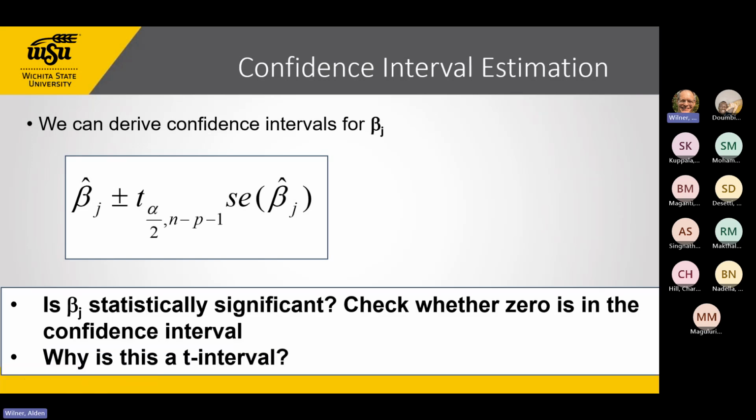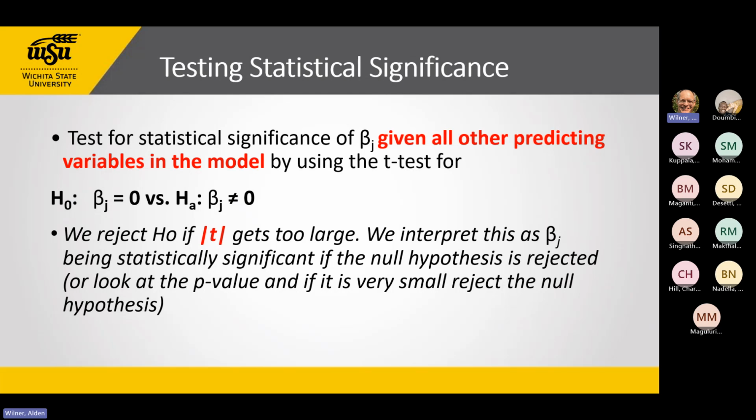So we want to ask ourselves, is beta sub j statistically significant? The first thing we can do is look at the confidence interval that our model reports back to us. And it's a t interval. Why? Because we're measuring features. So we're testing beta sub j equal to 0 as our null hypothesis.